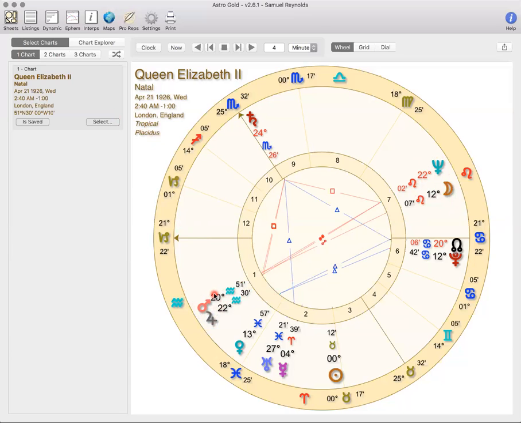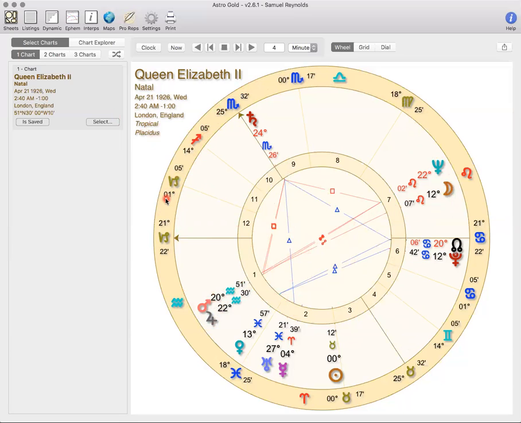Just to clarify, the first is opposite to the 7th, the second to the 8th, the third to the 9th, the 4th to the 10th, the 5th to the 11th, the 6th to the 12th. And these, as you see up here, are the cusps for the various houses.